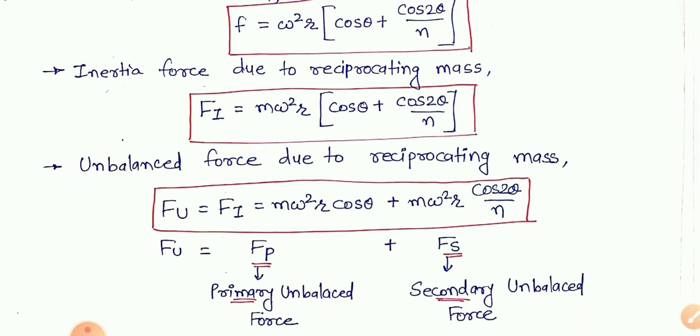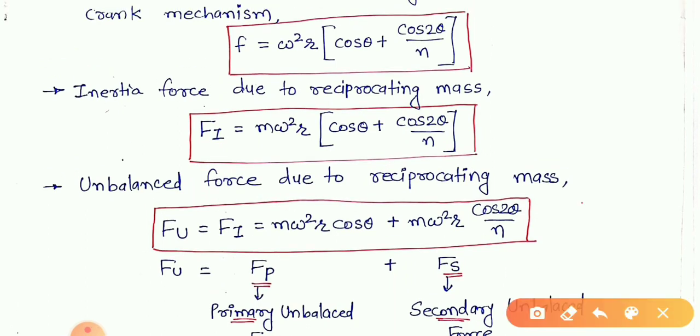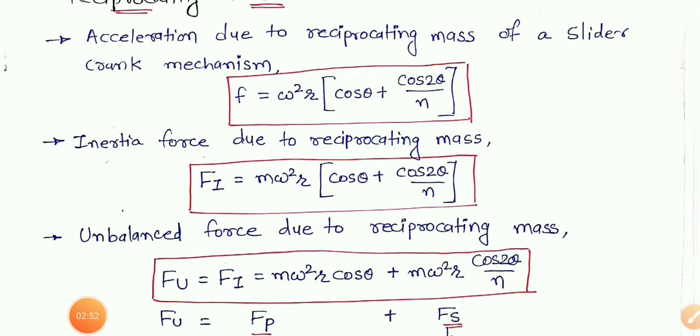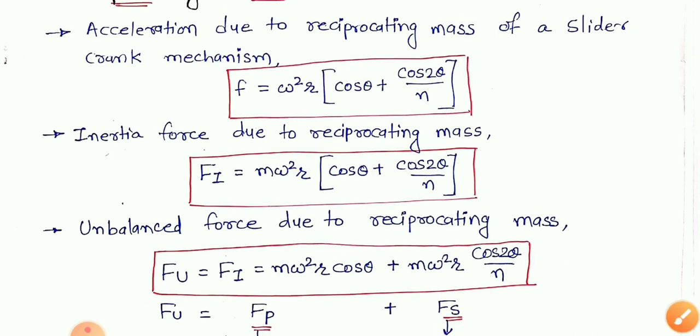As we know, force is equal to m into a. So the unbalanced force will be equal to the inertia force, and here the inertia force is equal to mass into acceleration, m omega square r into cos theta plus cos 2 theta by n.